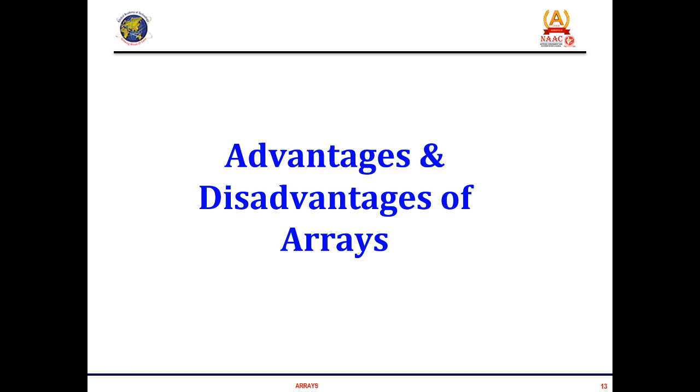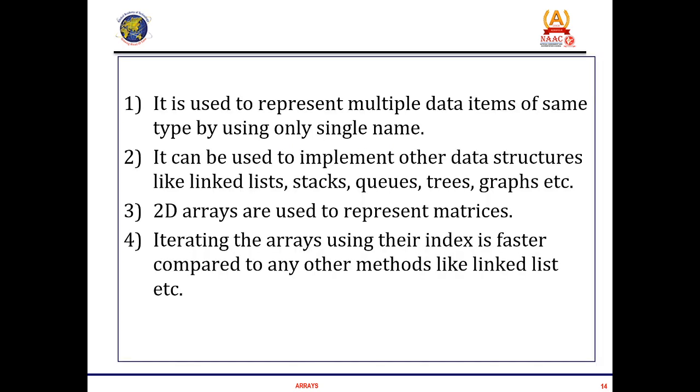Let us see the advantages and disadvantages of arrays. The first advantage of an array is that it is used to represent multiple data items of the same type by using only a single name. We have seen this during the introduction of the topic itself. Second, it can be used to implement other data structures like linked lists, stacks, queues, trees, graphs.